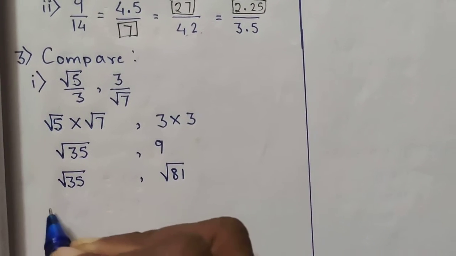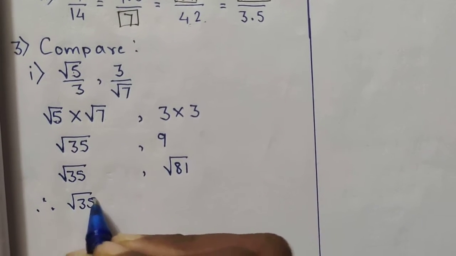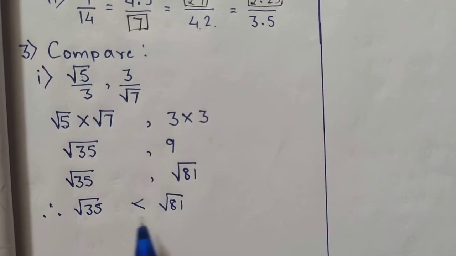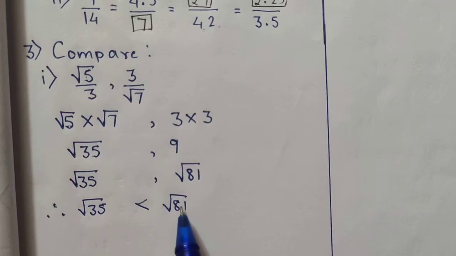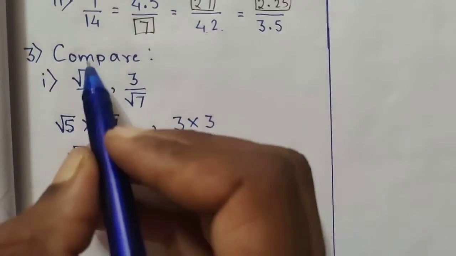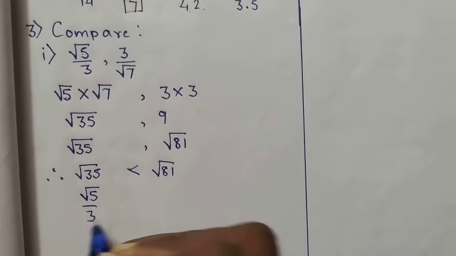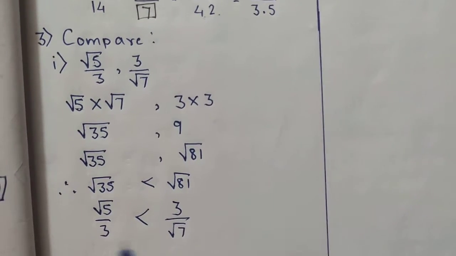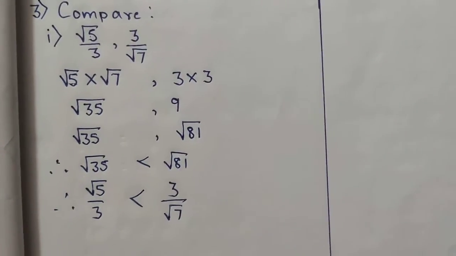Therefore I can say that root 35 is smaller than root 81. So it is very simple now. Your first ratio is smaller and the second ratio is greater. So root 35 belongs to this ratio. So I can write here root 5 upon 3 is smaller than my second ratio, that is 3 upon root 7.